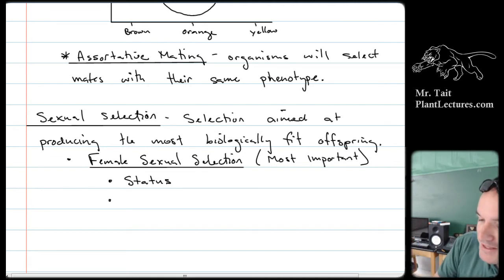So the other thing that's selected for specifically by females are those traits, those secondary sex characteristics that indicate high levels of testosterone.